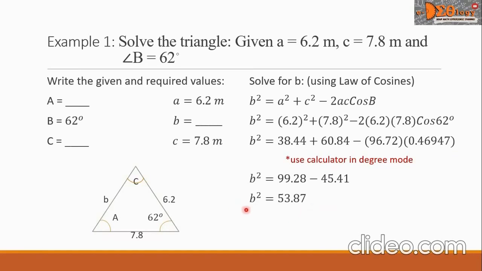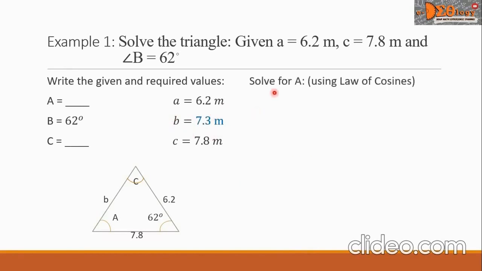To get the B, we will get the square root of both sides. If we do that, the power 2 on the B will be cancelled out. So we have B equals the square root of 53.87. And the value is 7.3. This is our B, and we use the same unit of measurement of meters. So let us copy this value opposite the side B.